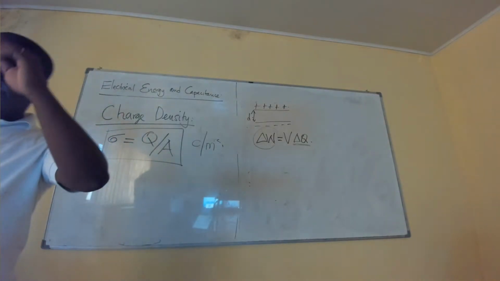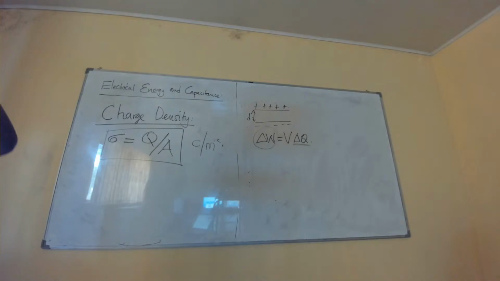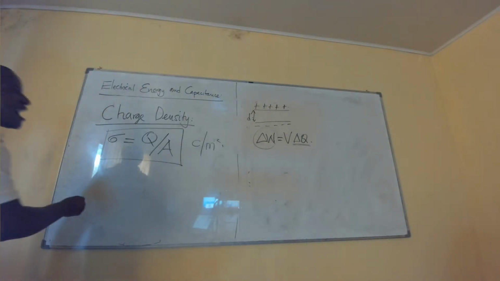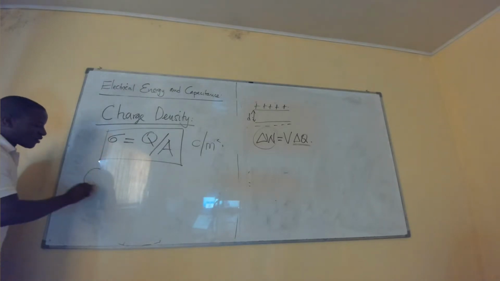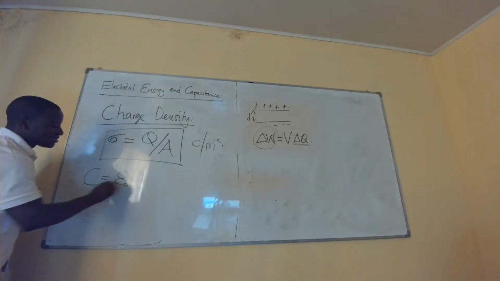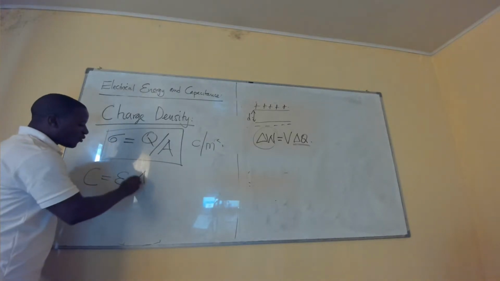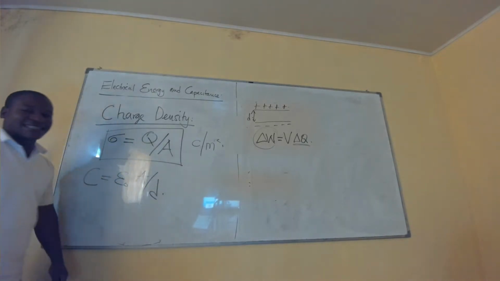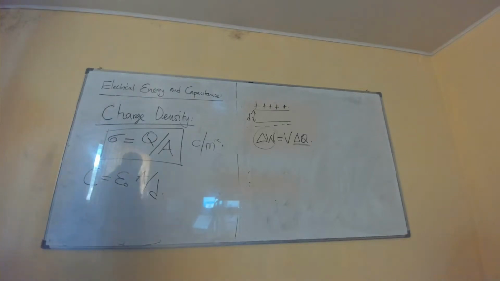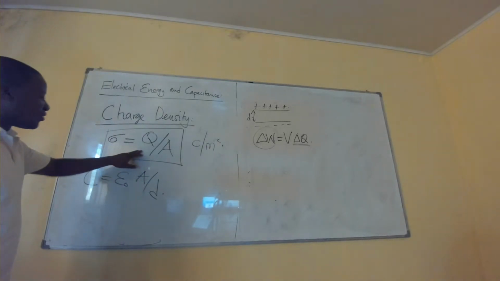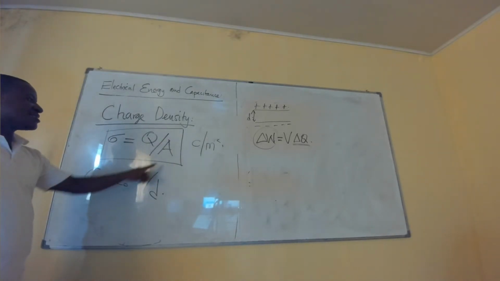Now, if you recall very well, we had an equation of capacitance, which is epsilon 0 multiplied by the area over the distance. That is what we had as capacitance. Now, how do we combine these two? We know that what is common here is the area.